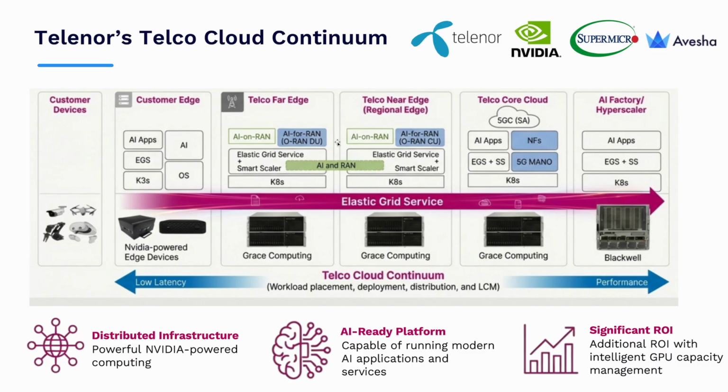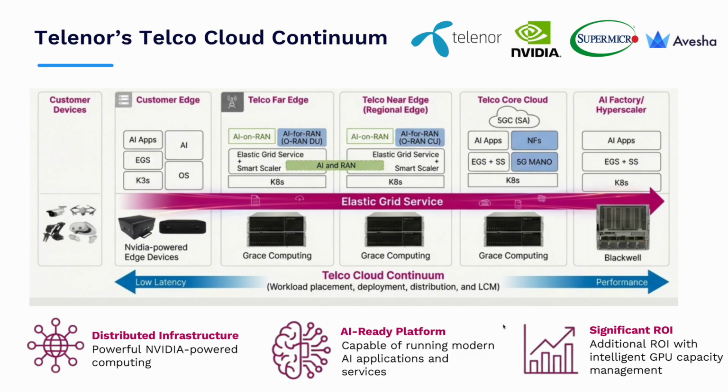If I have workloads that are very heavy at the near edge and I have idle capacity at the far edge or the core or my factory, having an ability to move workloads between tiers while maintaining SLA is a critical capability in order to maximize the value that you can extract out of a network. So we're going to go through a demonstration of the Elastic Grid Service platform running in this environment.